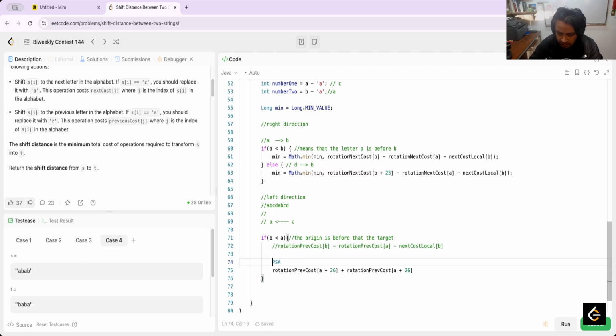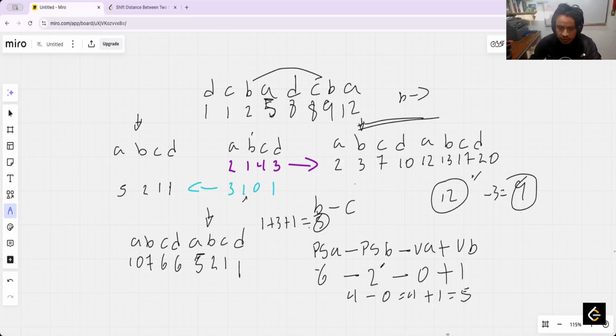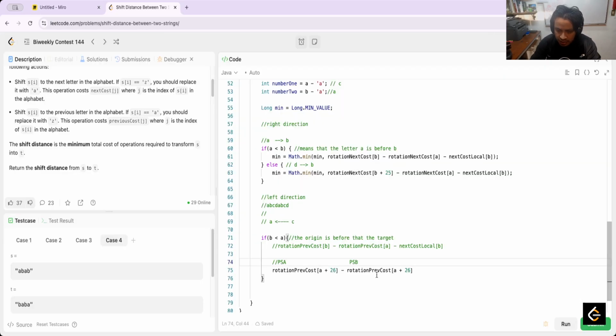Position A less position B less value A less.